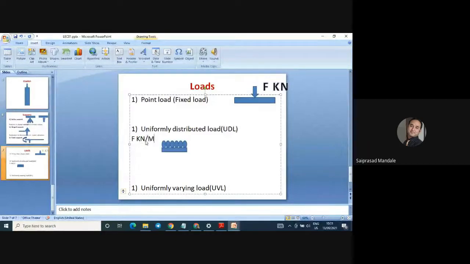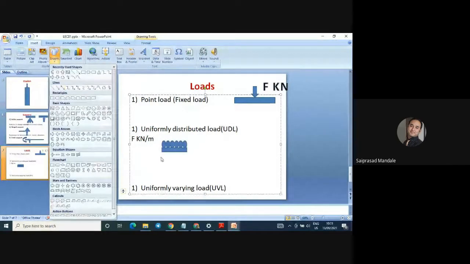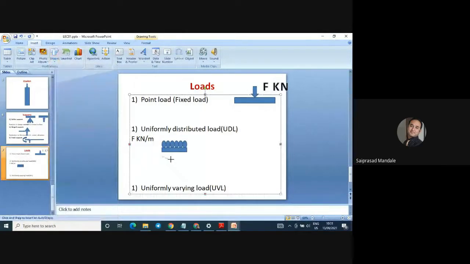F kilonewton per meter is the intensity of that loading, and if it is having a length of L, where L is the length of that beam, how much is the total load?